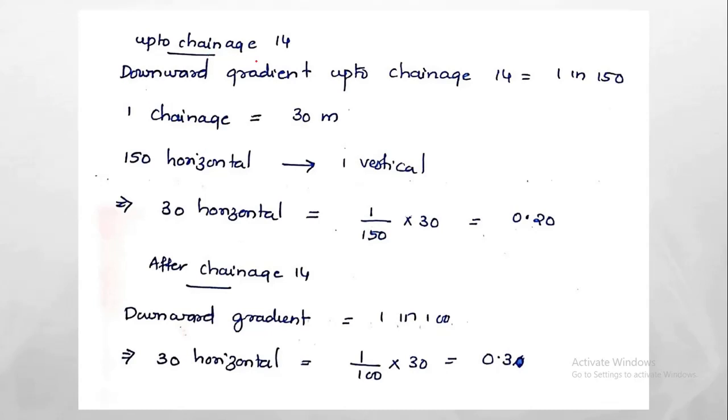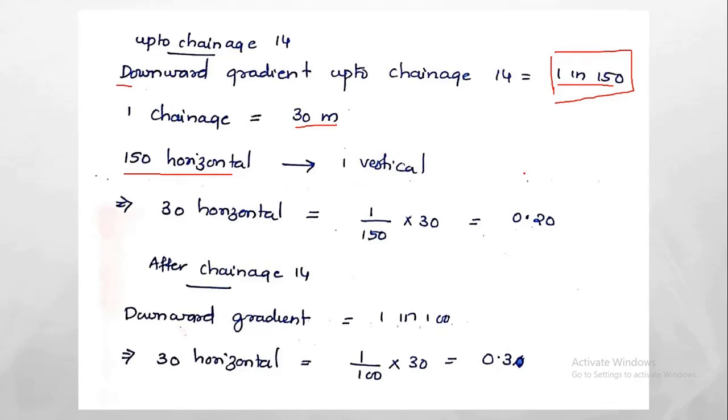Up to chainage 14, the downward gradient up to chainage 14 is 1 in 150. The one chainage is 30 meter. Okay, that means 150 horizontal. I mean, this ratio 1 in 150 means that for 150 horizontal, the vertical difference will be 1 vertical. That means if we are considering 150 meter horizontal distance, the height difference will be 1 vertical.